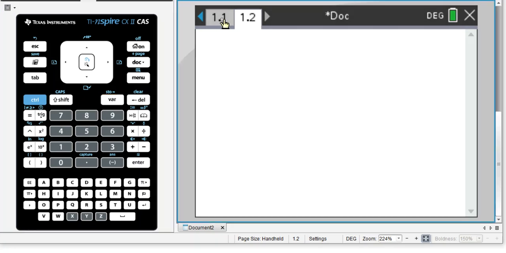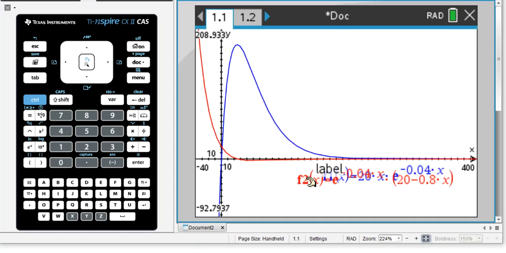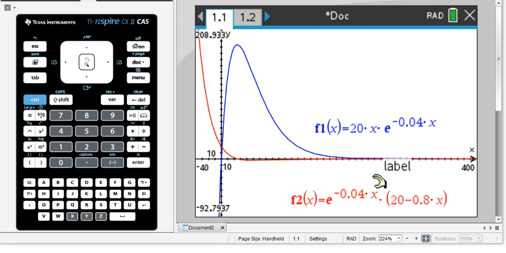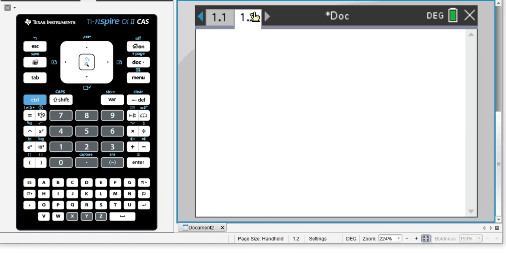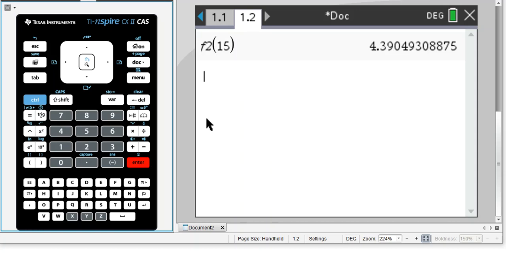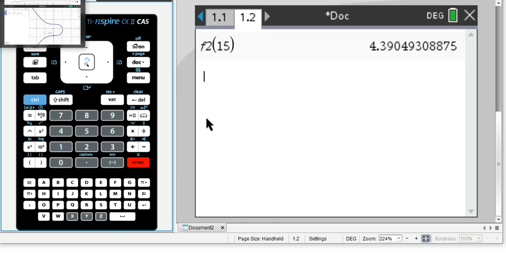Those are the same function 1 and function 2 that we had stored over here. So f2, the red function, is what we established as our derivative function. On this calculator page, if I execute f2 at the number 15, now I've got the value for the derivative at 15.